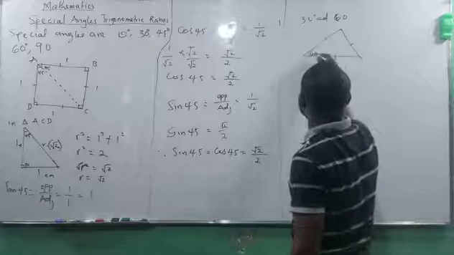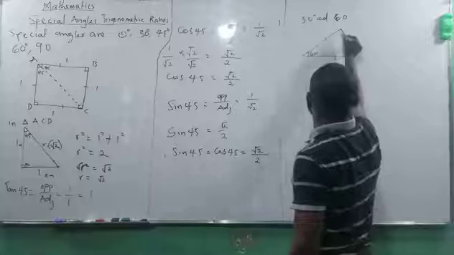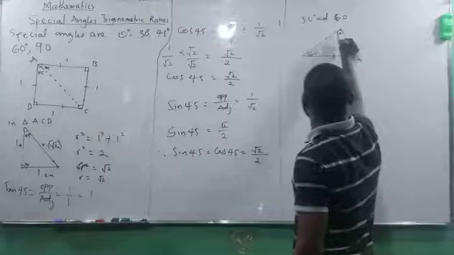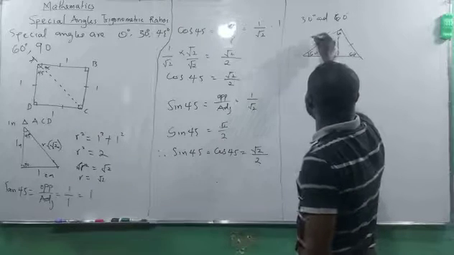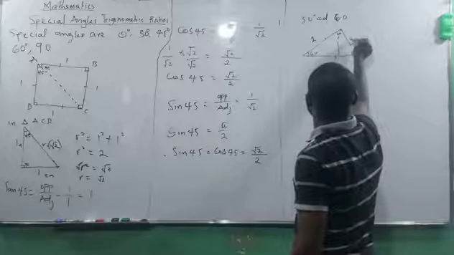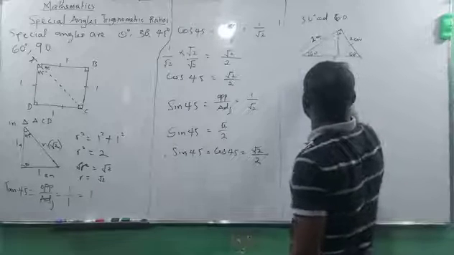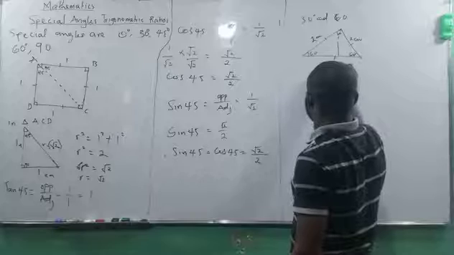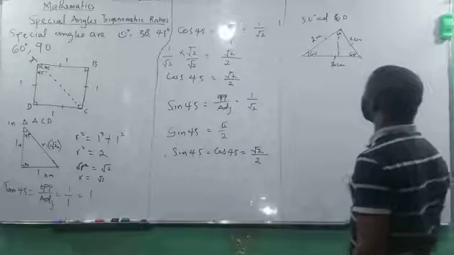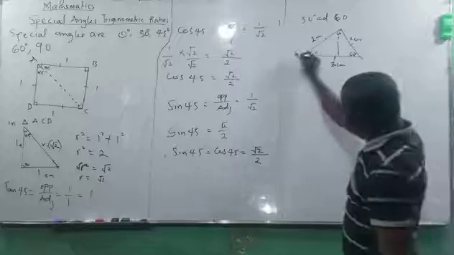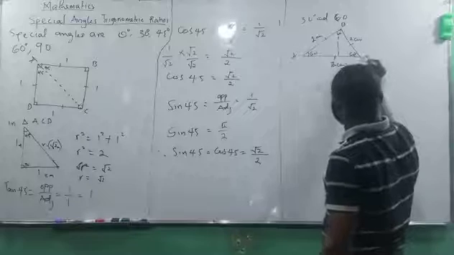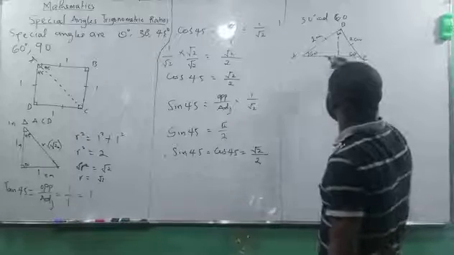Here is 60, here is 60, and here is 60. Now, when I cut this into 2, let me put 2, 2, and 2. Now, they are all 2. At this junction, I will call this place A, B, C. Now, let me call this one D.